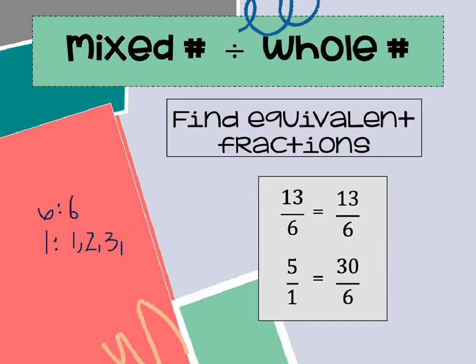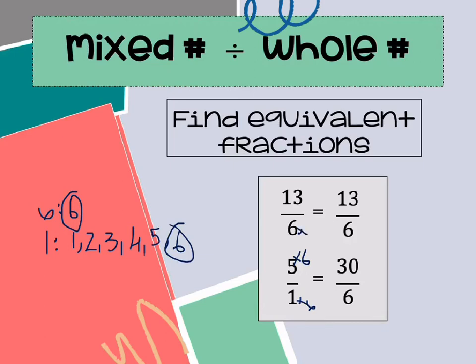So 1, 2, 3, 4, 5, 6. We're going to multiply 1 by 6. And remember the rule, whatever you do to your numerator, you do it to your denominator. And whatever you do to your denominator, you do it to your numerator. 1 times 6 is equal to 6. And 5 times 6 is equal to 30.